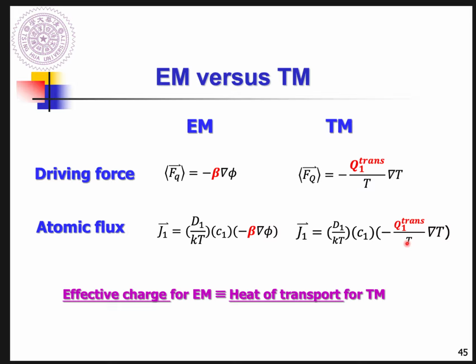Also, the sign of the heat of transport is quite important because it tells you the moving direction of the diffusing species. For example, if the heat of transport is positive, the diffusing atoms move from high temperature toward low temperature. However, if it's negative, it moves from low temperature, against the temperature gradient, to high temperature.